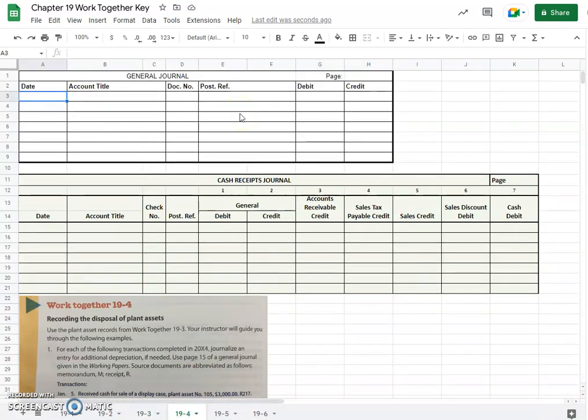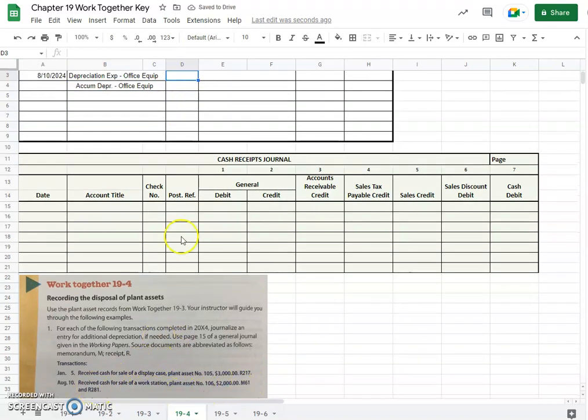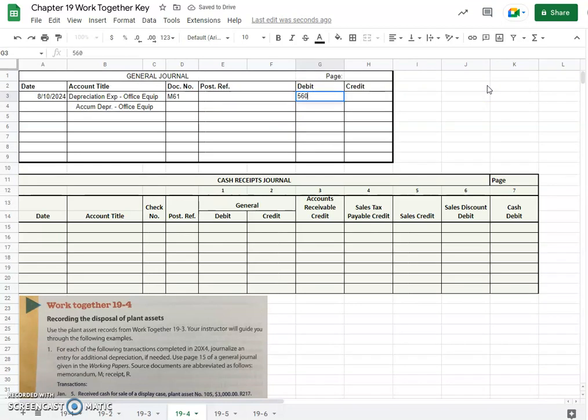On the date of August 10th, 8/10/2024, our depreciation expense for office equipment and our accumulated depreciation of office equipment, Memorandum 61, will need to increase by $560 before we can dispose of this asset.